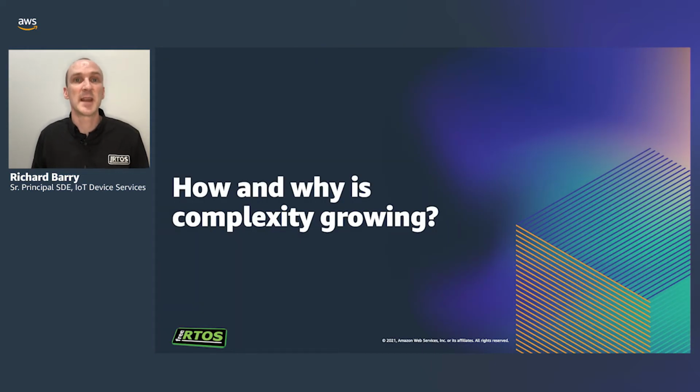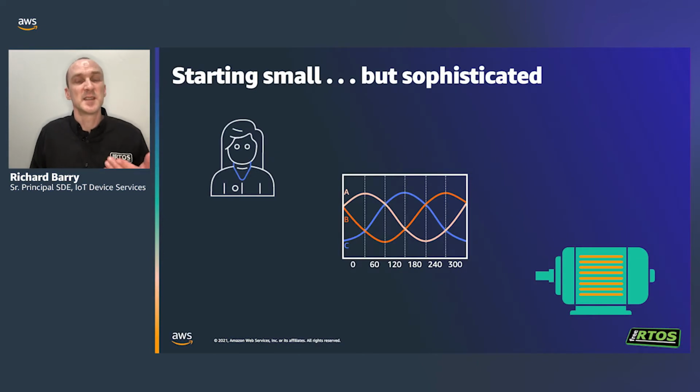I can demonstrate that with an example, and this is designed to be something which is small but very sophisticated. So this is our starting point. This is a disconnected motor, but a very sophisticated motor. The algorithms used to control the motor give it a very high fidelity. Now, this is a small piece of software.